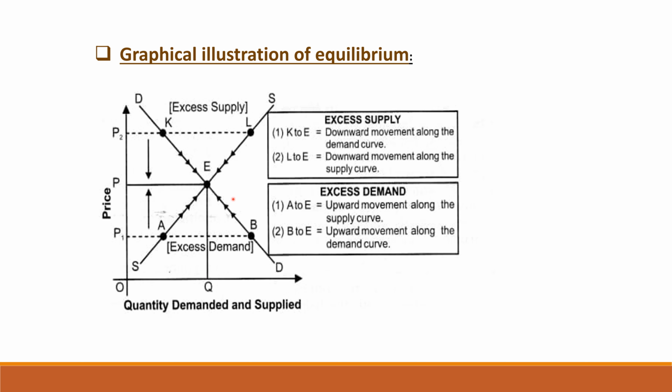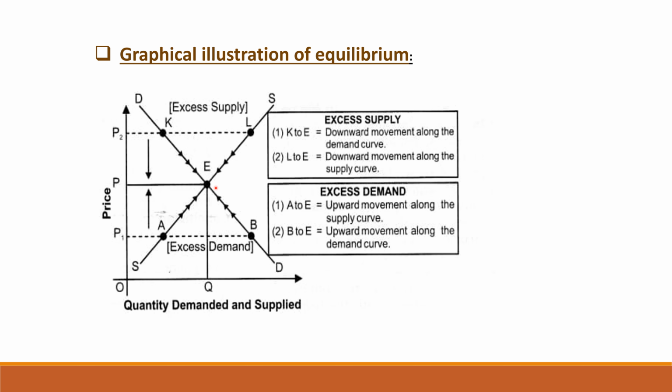On the graph, the demand curve slopes downward from left to right, showing that as price decreases, quantity demanded increases. The supply curve, on the other hand, slopes upward, showing that as price increases, producers are willing to supply more. Where these two curves intersect, we get the equilibrium point, which is E. This is the price and quantity where demand equals supply.